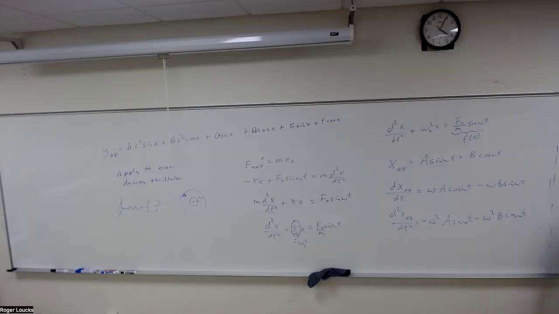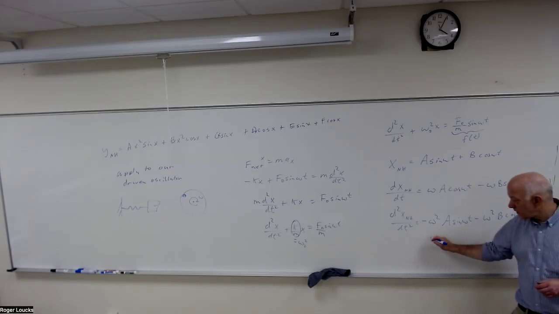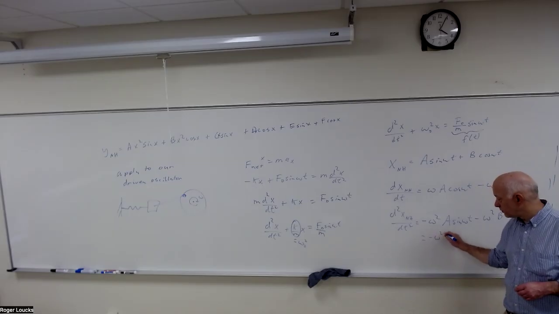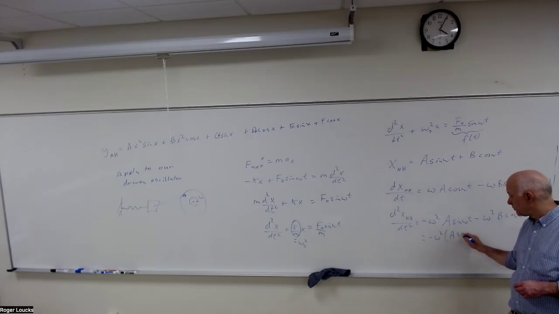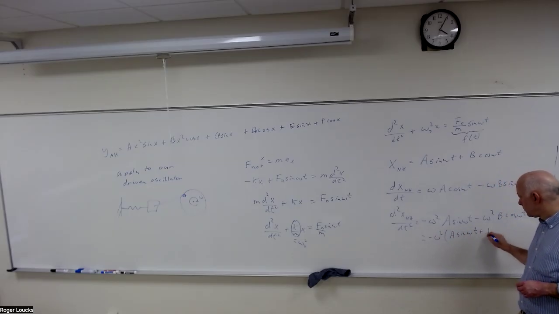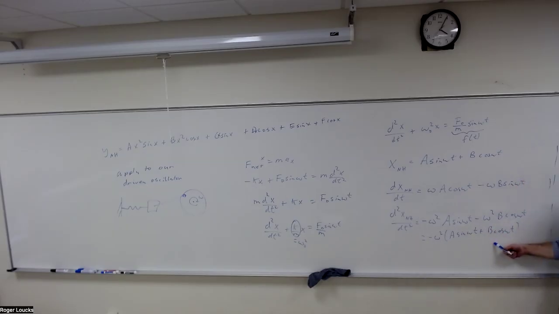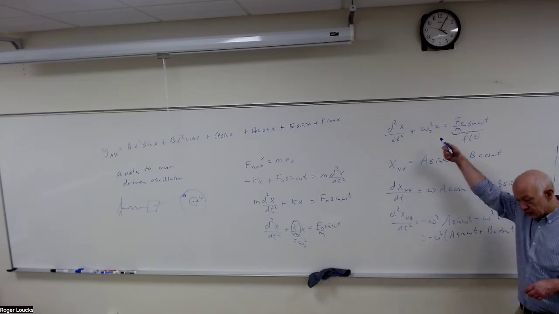Does this look like something? If I pull out a minus omega squared here, that's my x. I can write this as minus omega squared x non-homogeneous. So I'm going to take this and put them all into here.